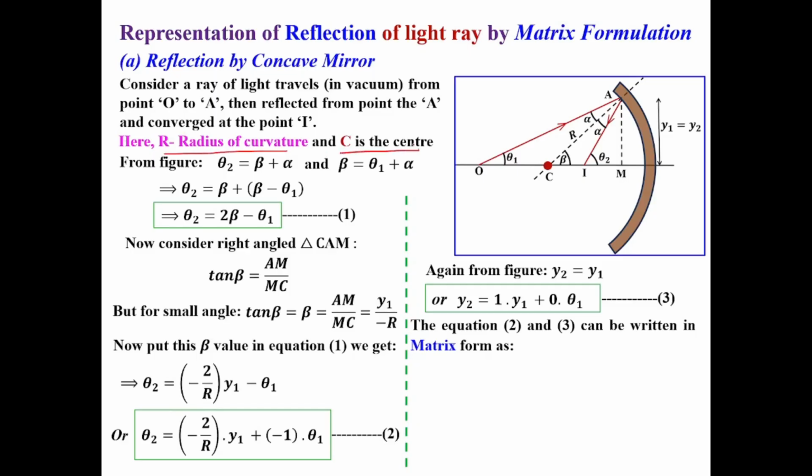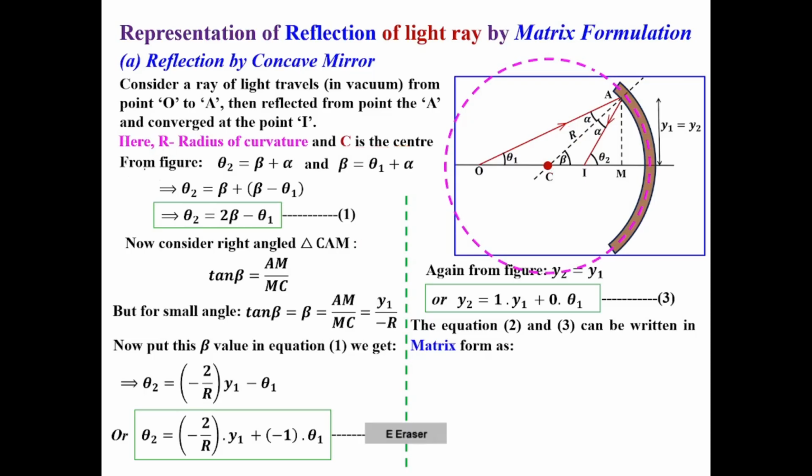If I consider this concave surface, this is its circular geometry, and the distance from point C to the surface, or from point C to point A, is the radius of curvature of this circle. So the distance from C to A is R, the radius of curvature, and C is the center.